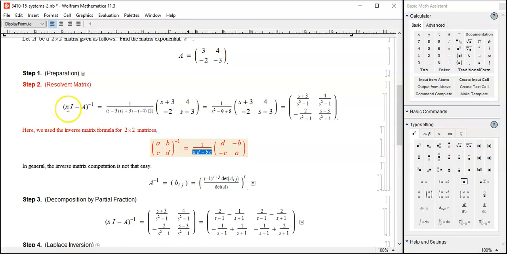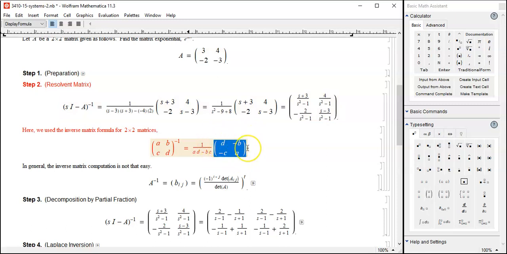And then for this particular matrix sI minus A, it's going to be a polynomial expression of s, and that's common to each entry.